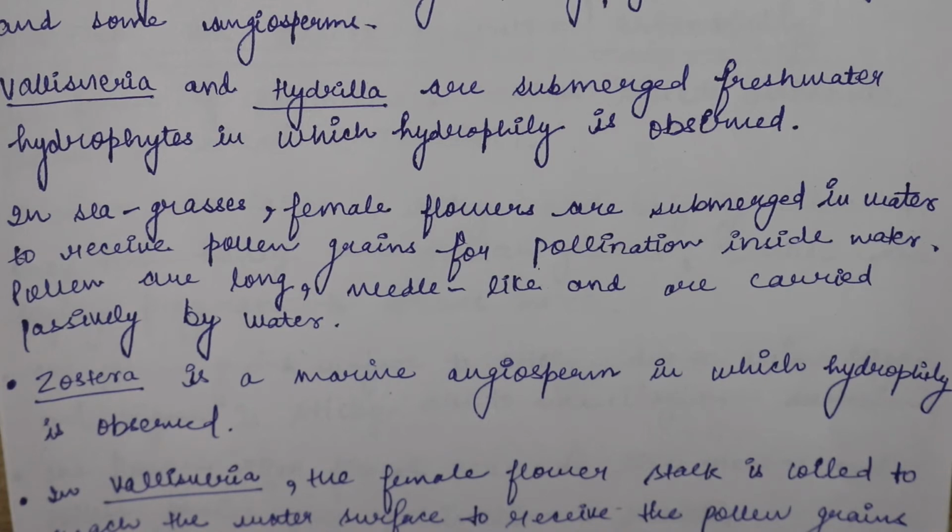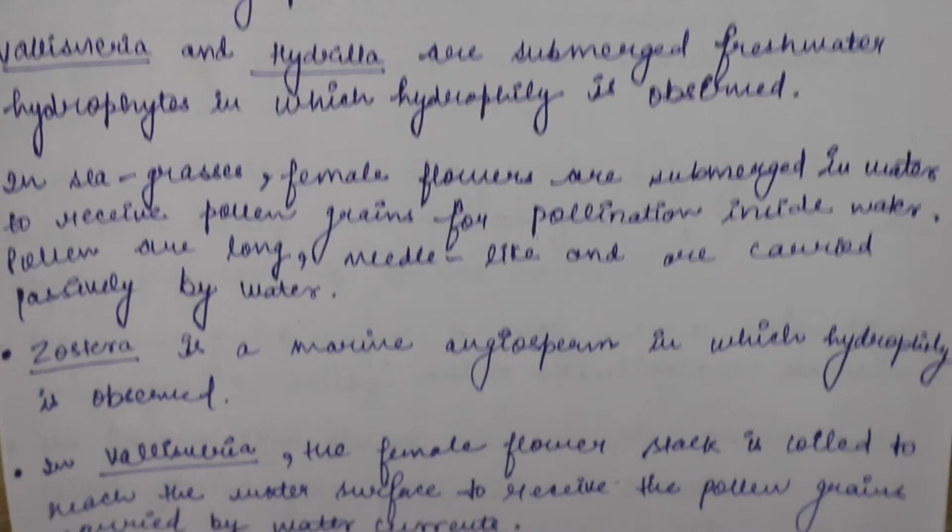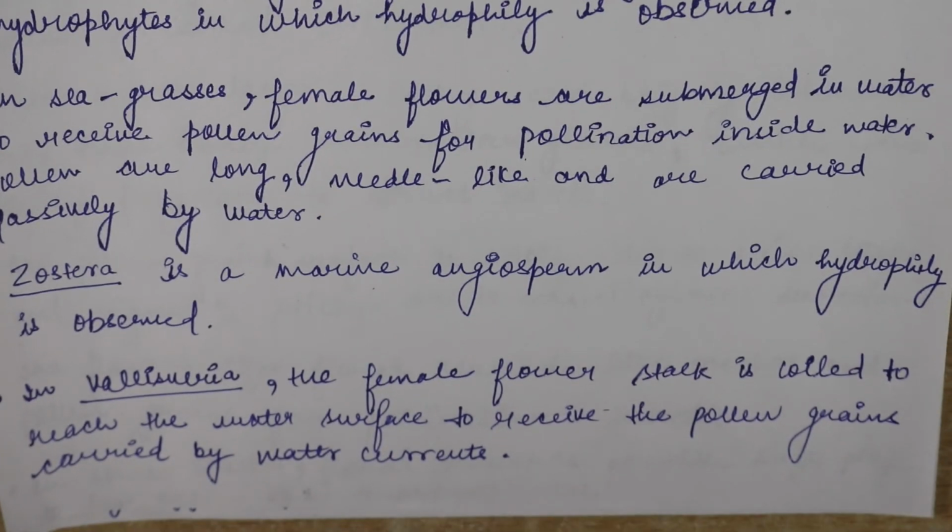In Vallisneria, it is the female flower stalk which is coiled to reach the water surface to receive the pollen grains carried by water currents. So guys, this is the adaptation of water pollination, also known as hydrophily.